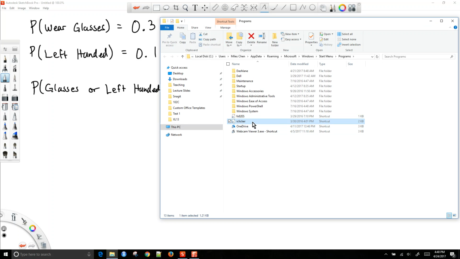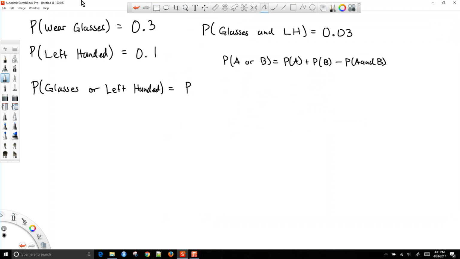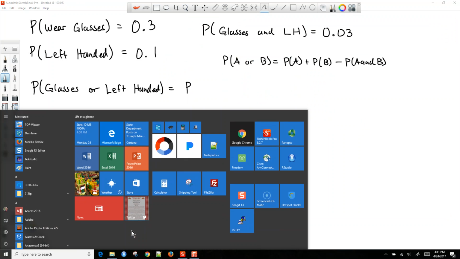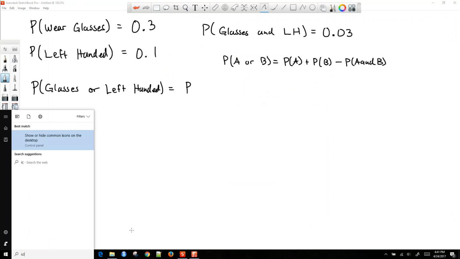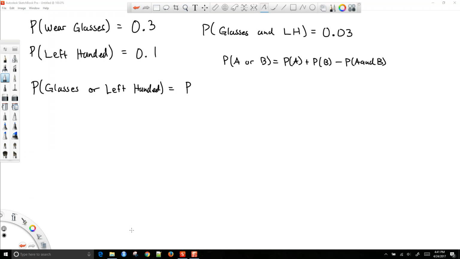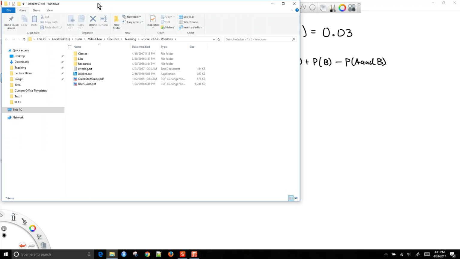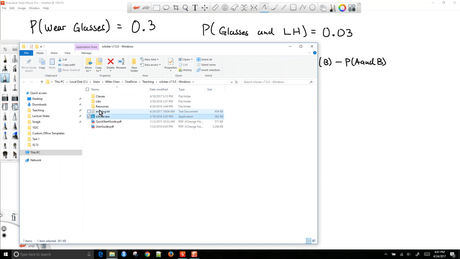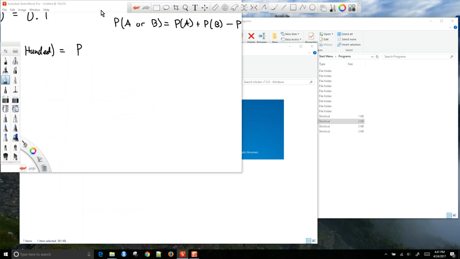Oh, look at this. The shortcut is broken. Oh man. Restore previous versions. I don't know what happened. Tisk tisk computer. Well, maybe this will work. I hope.